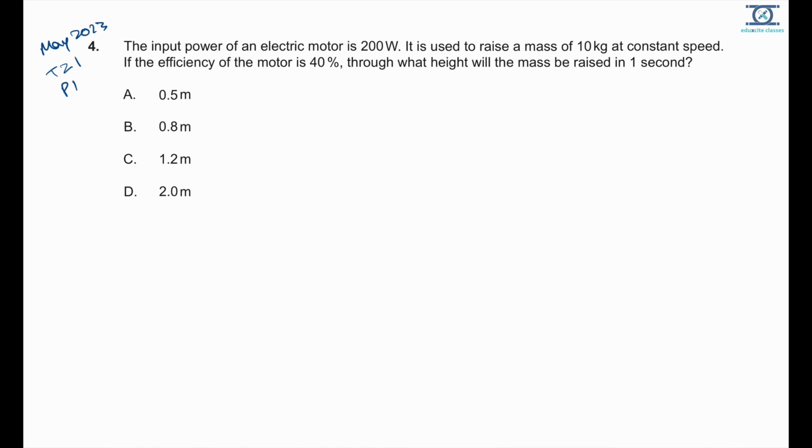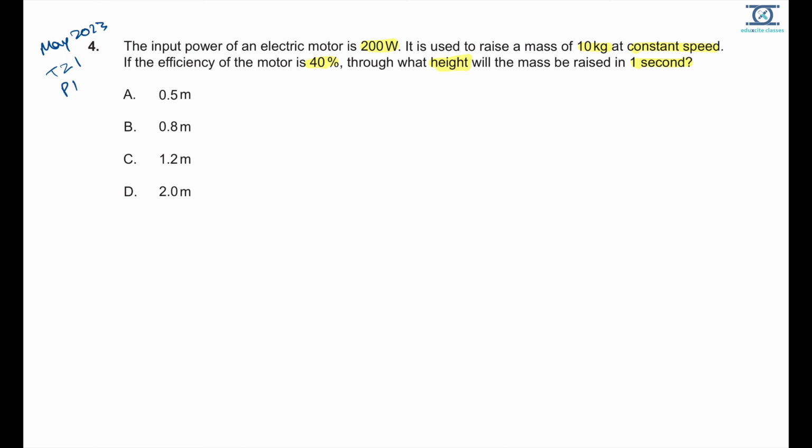Now here if you see, the input power is given to us as 200 watt and it is used to raise a mass of 10 kg, that too at a constant speed, and the efficiency is 40%. We have to calculate what height will be raised in 1 second.